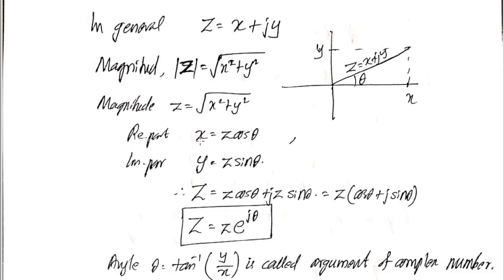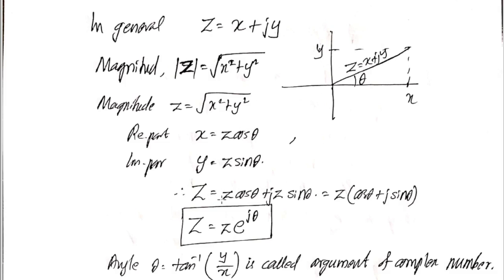Here the real part x is equal to z cos theta. If z is taken as the magnitude, that is the length of this complex number, then this x will be the component of z along the x-axis, that is z cos theta, and the y component, that is the imaginary part y, will be equal to z sin theta.